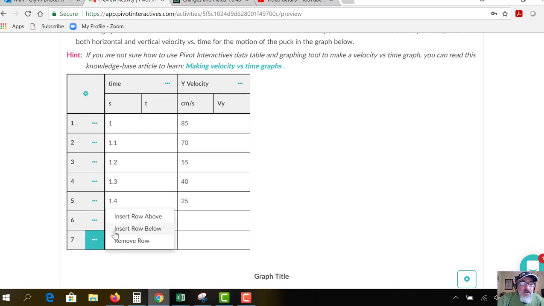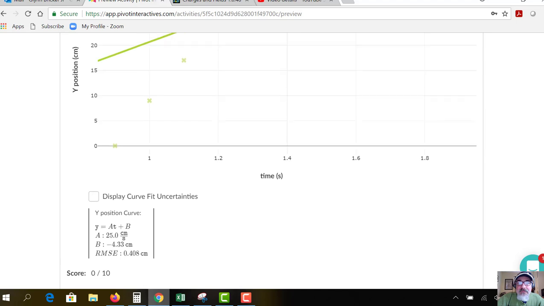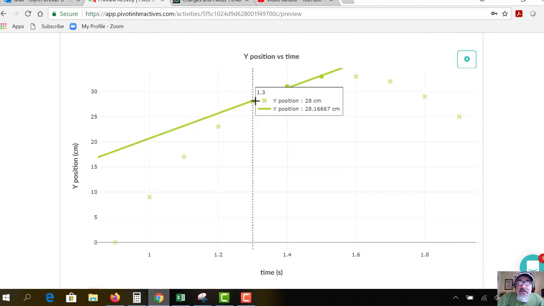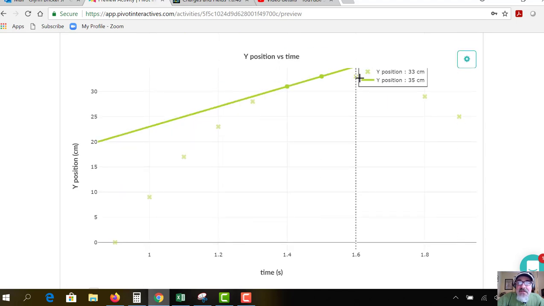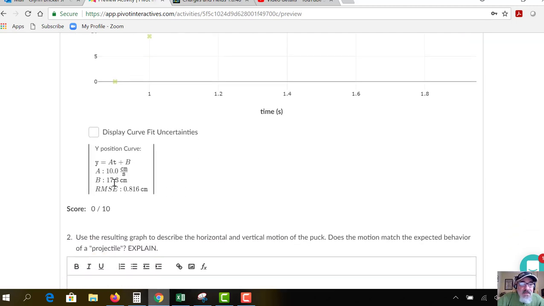I think I have one more. Okay, 1.5, 1.6. While I'm at it, I might as well fill out this table. And then I can go back up here, deselect this one, reselect that one, and I can read this from here. That's 10, not surprising.